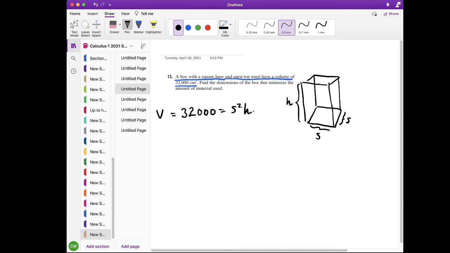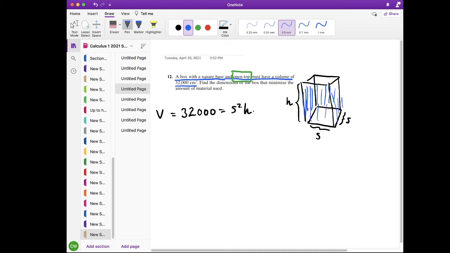Good, yeah. And I like that you specifically did not say the top also, right? Because the top is open. Okay, so the amount of material is just if it's like cardboard or something. So that's exactly surface area.